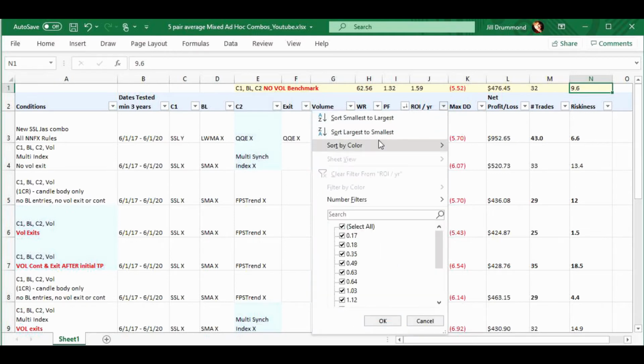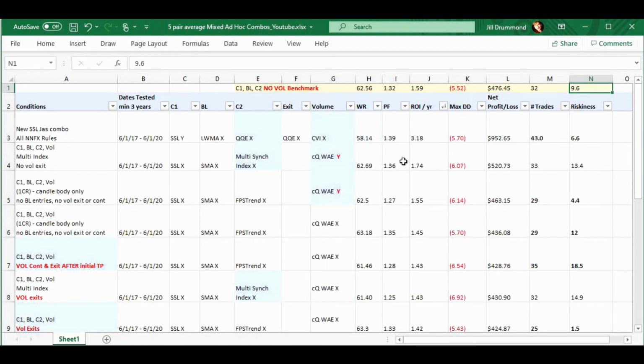Do profit factor, largest to smallest. ROI, largest to smallest. Okay, so now this one is another one here that was a lot different though. So this one had a win rate of 58.14, which is lower than that. However, look at this, the profit factor's up. The ROI is up a lot.